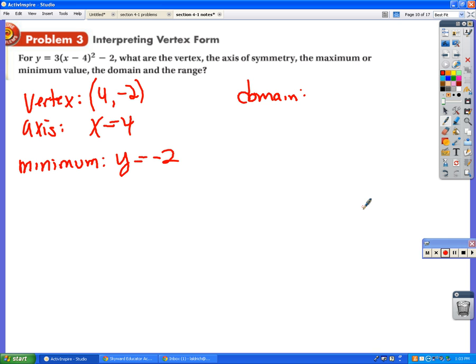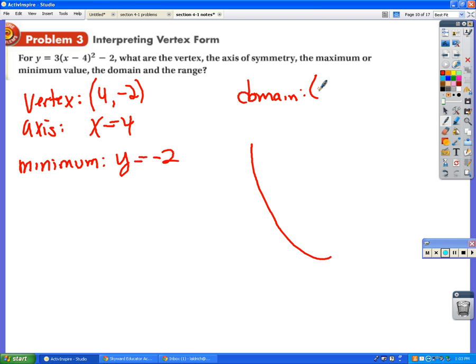And the domain, if you recall, is the x-coordinates that the parabola can take on. So if you graph a parabola, how far to the left will it go if you graph it forever? Forever, right? It's going up, but it's also moving to the left, all right?